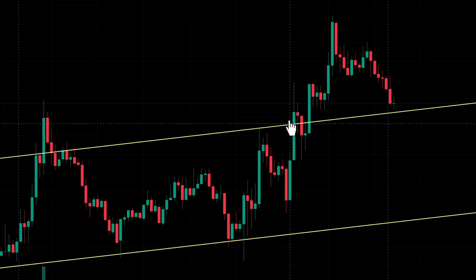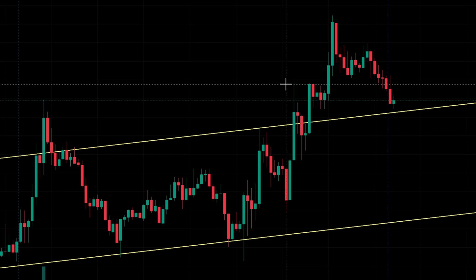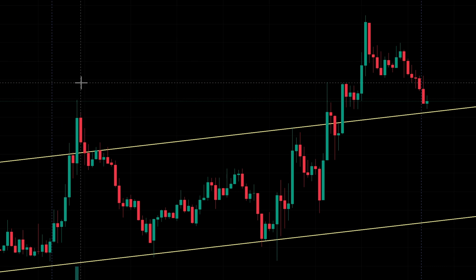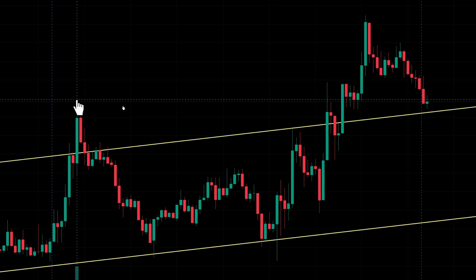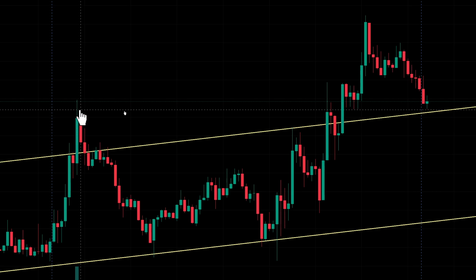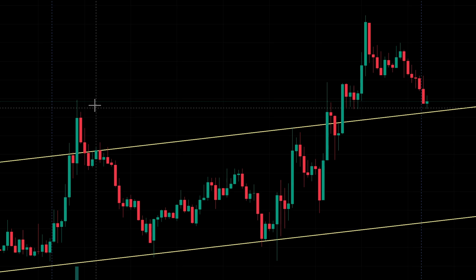What do we see happening here? Follow the horizontal diagonal line. I'm at the top of this wick, and if you look to the left over here, follow my cursor, and you'll see that they took it out, because here was where all the stops were down in here, for the people that were going short.